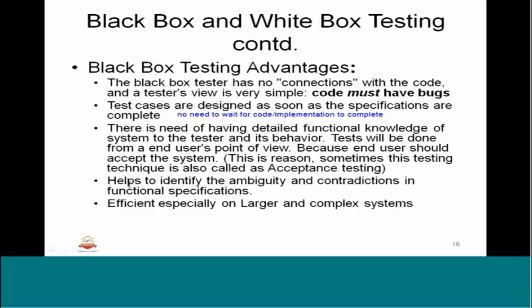Black box testing also helps to identify ambiguity and any contradictions in functional specifications. That means it will bring out any interconnected requirement problems or any ambiguity. All those aspects will be identified.